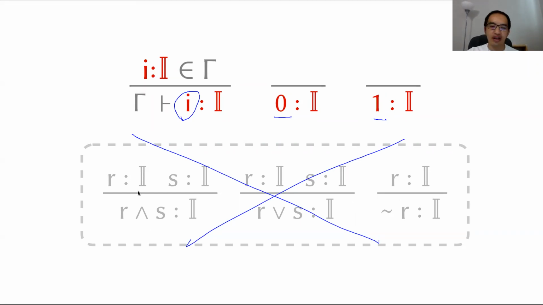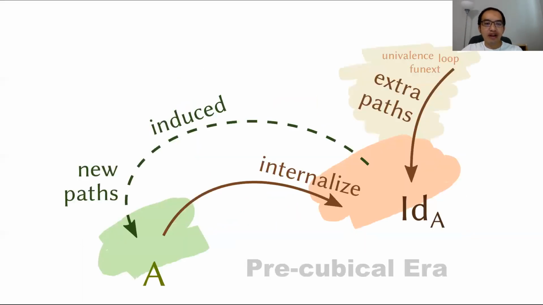In cubical Agda, if you have two things in the interval, you can take the meet, or the join, or this funny reversal symbol like tilde. But in the variant I'm going to talk about today, you only have the variable, 0 and 1, and nothing else. So these three things at the bottom will not be available today. Okay, let me move on.